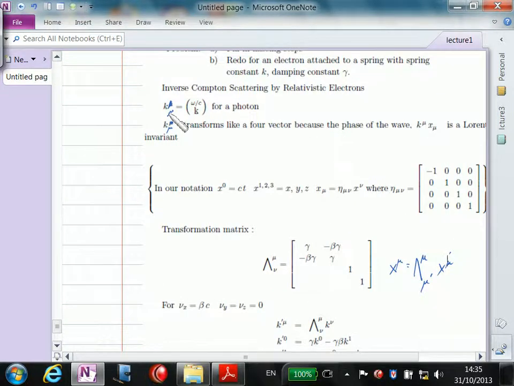We can always change things. But I think dx transforms like a contravariant vector, right? The unit vectors transform like contravariant, and the coordinates transform like covariant. What do you mean, the coordinates? The components, let's say. Dx mu is the proper distance, like unit distance. It's a vector, and it transforms.